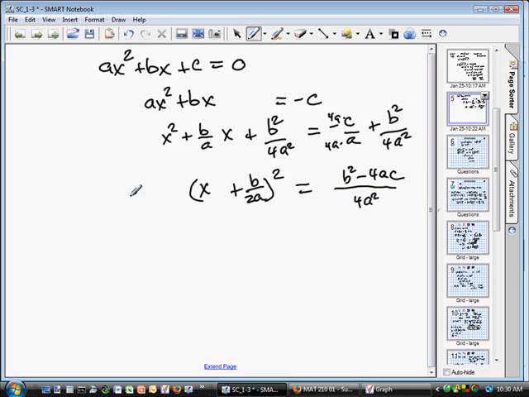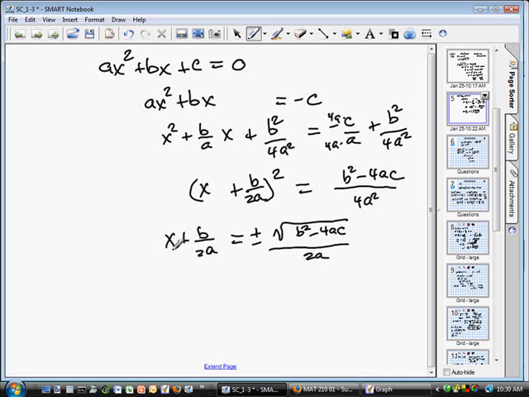Okay, now what do you do next? Take both square roots. So plus and minus. I can take the square root of the denominator, that's 2a, but I cannot take the square root of b squared minus 4ac, so I have to leave it under the root.